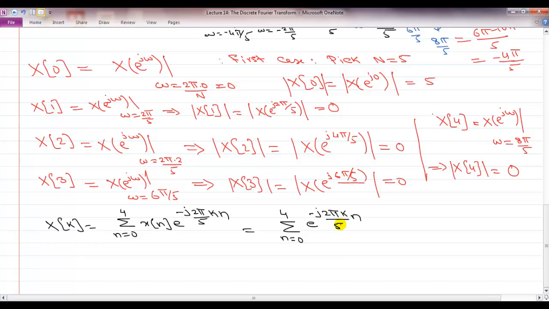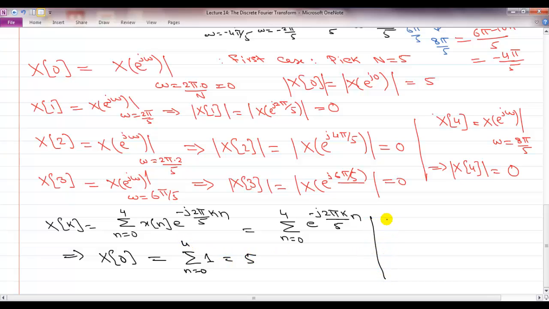Now, we did this trick earlier for k equal to 0. This sum can be just computed because each term in the sum is just 1. So for k equal to 0, X of 0 is just the summation of 1. So you have 5 ones, you get 5.